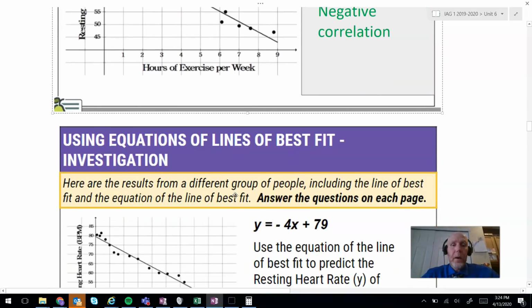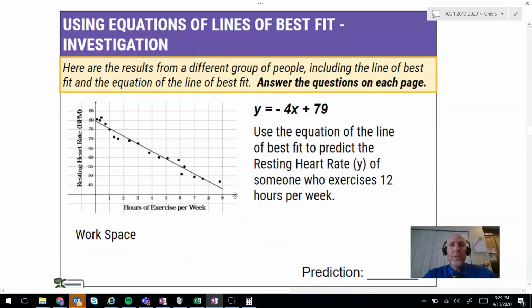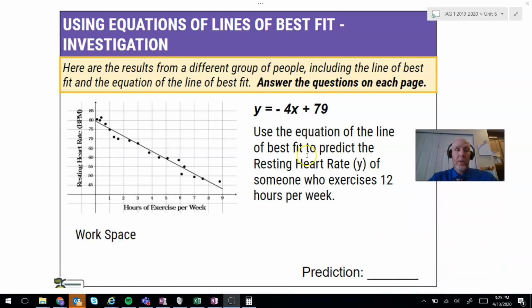Now, the whole purpose of today is to be able to use lines of best fit to answer questions. Here's a few of the kinds of questions you'll see from this specific line of best fit and its equation.